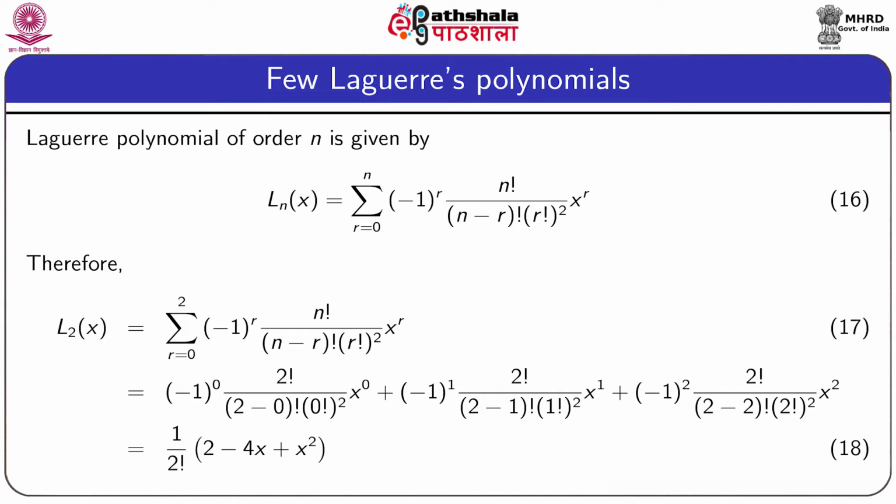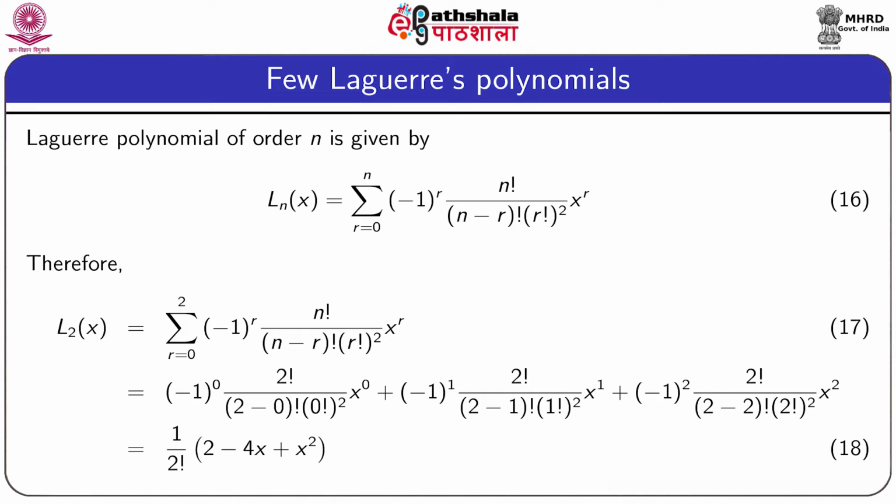If you add all three terms and simplify, we will get equation 18, which gives L2(x) equal to 1/2! (2 - 4x + x^2).